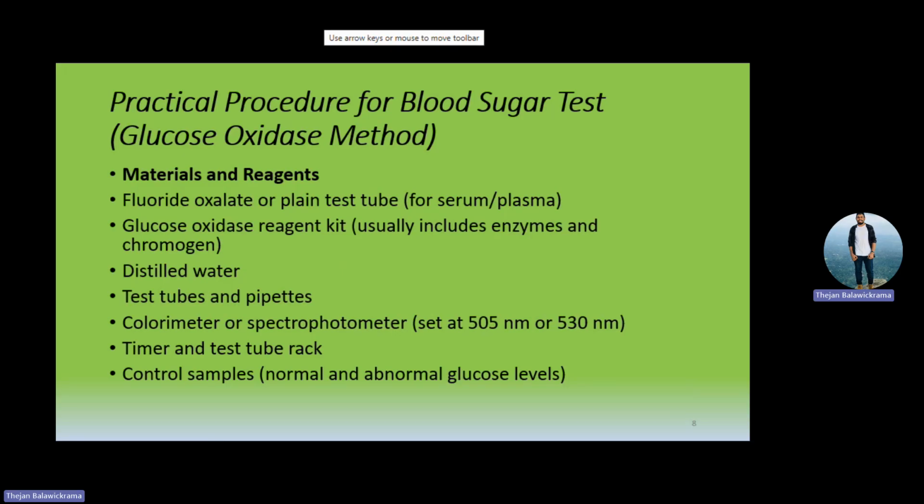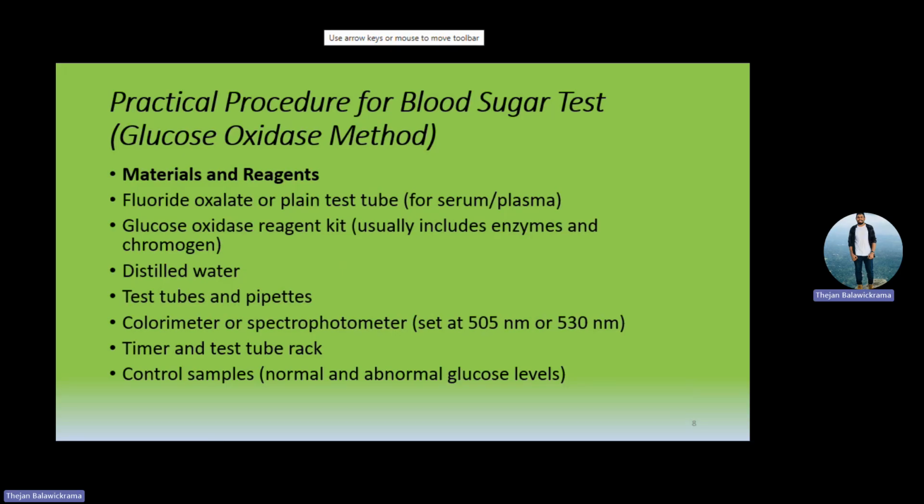We need distilled water, test tubes, pipettes, a colorimeter, or spectrophotometer, to check against the reference ranges when we take the sample. Then a timer, a test tube rack, and control samples.